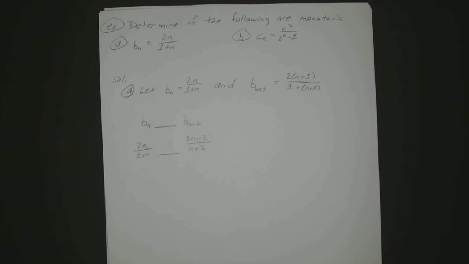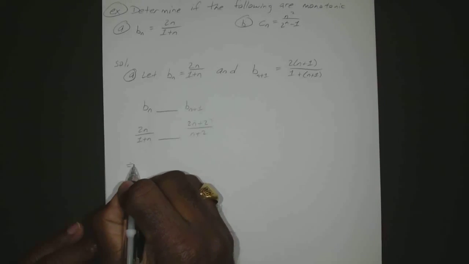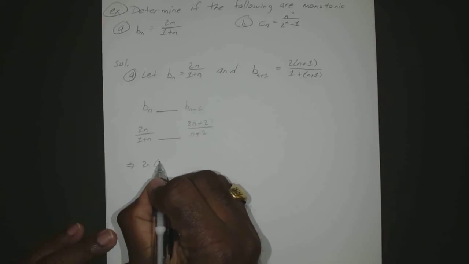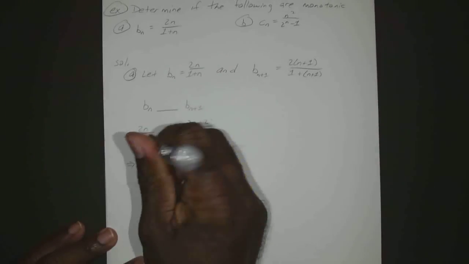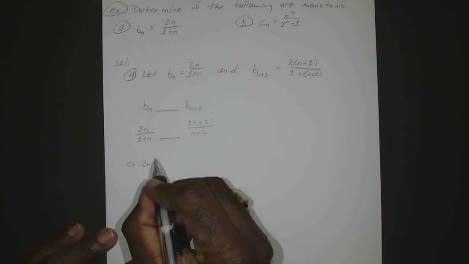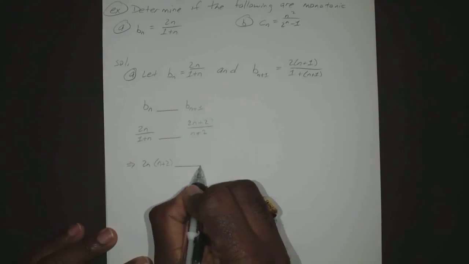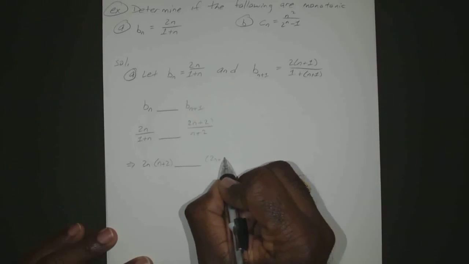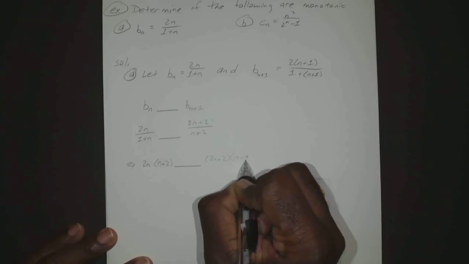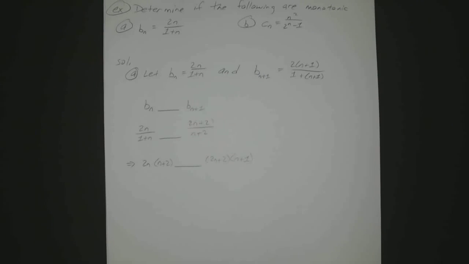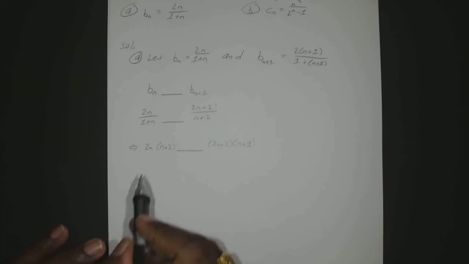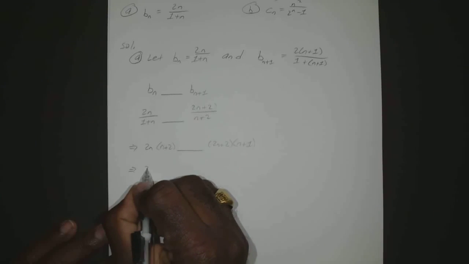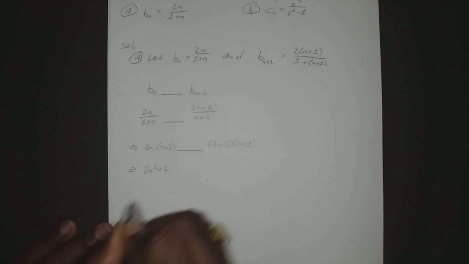Okay. So here we can actually cross multiply. So you have 2n times n plus 2, and we have 2n plus 2 times n plus 1, or 1 plus n, whichever way you want to write it. Okay, so the left side, we have 2n squared plus 2.